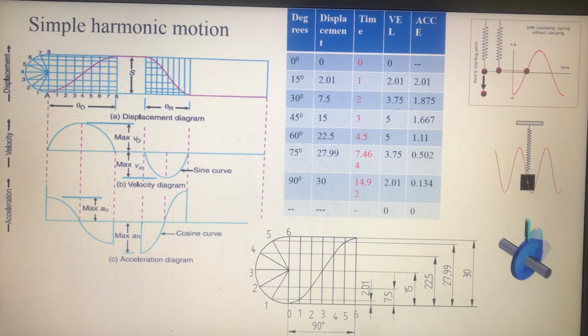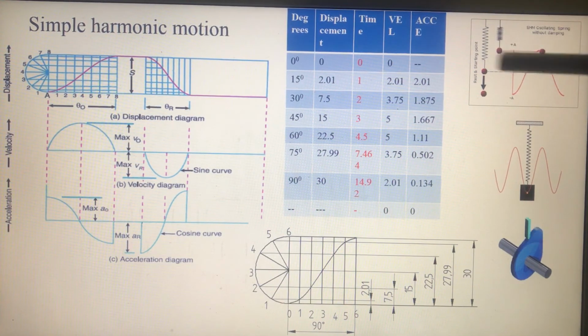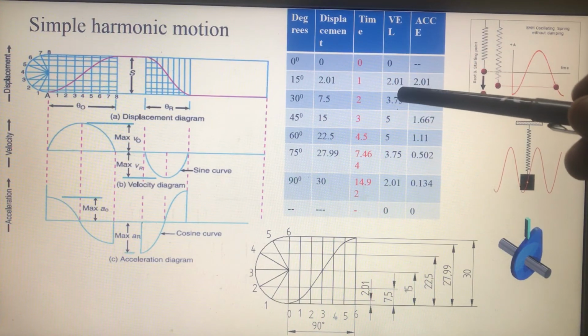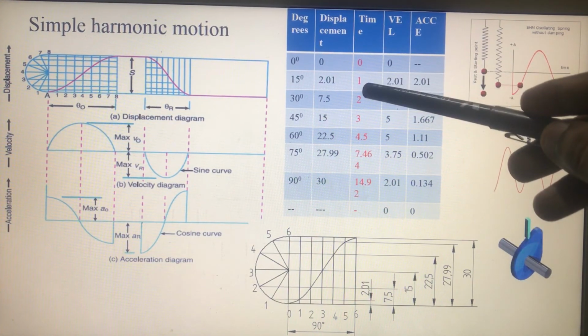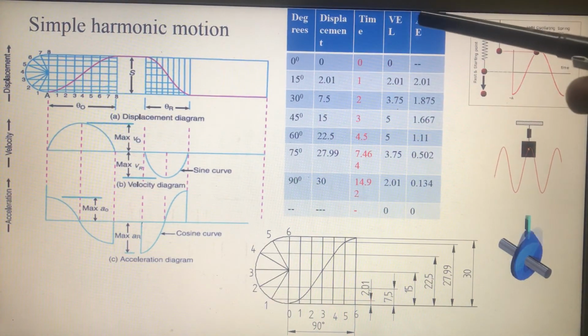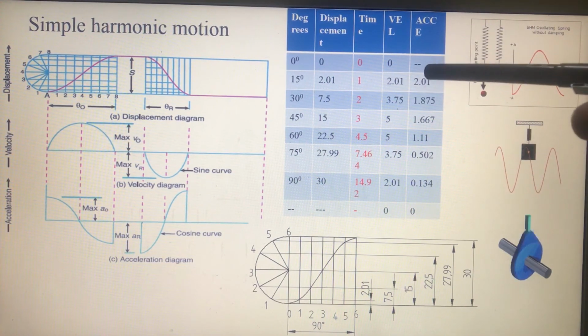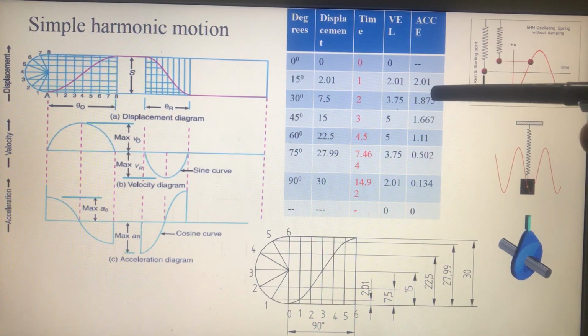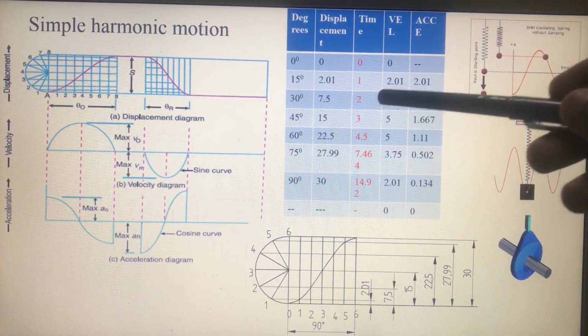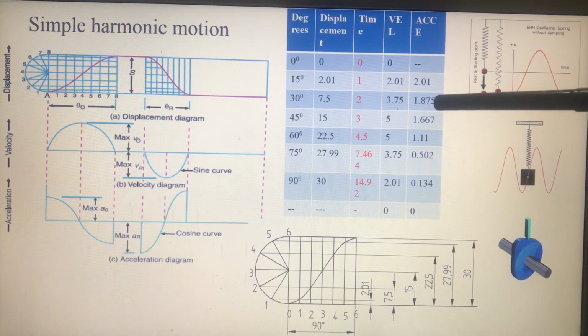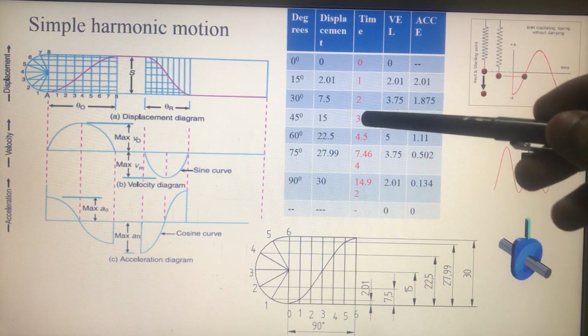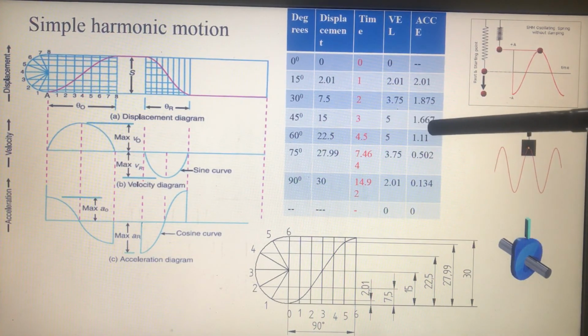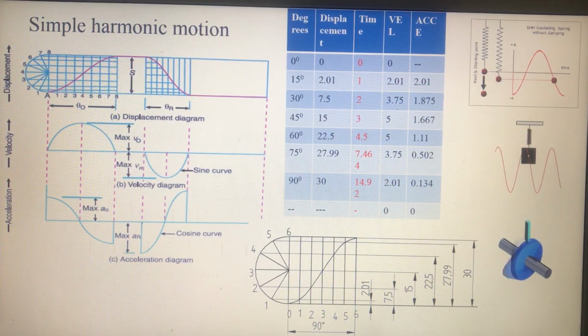Similarly, if you consider acceleration, see, change in velocity with respect to time is acceleration, correct? 2.01 divided by 1 second, you will get 2.01. Next 3.75 divided by 2, you will get 1.875, and 5 divided by 3, you will get 1.667, correct?